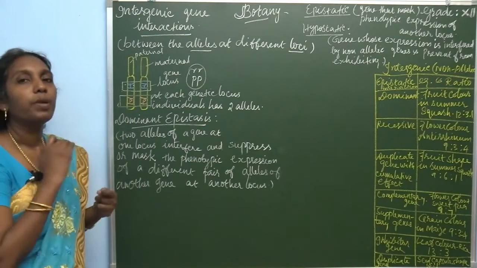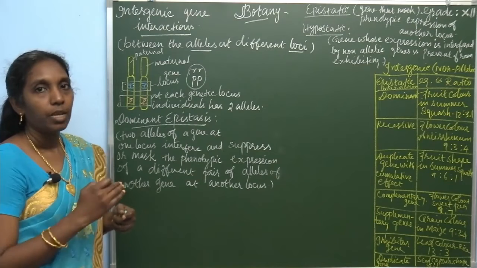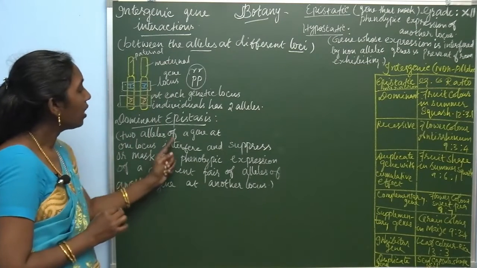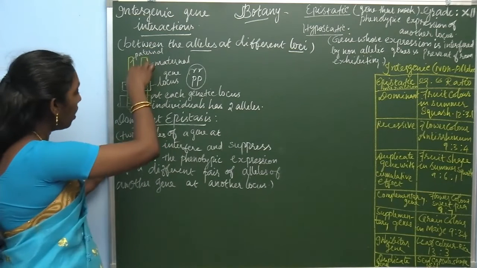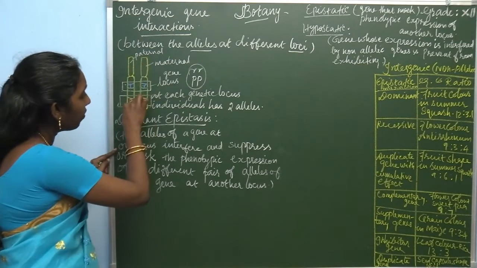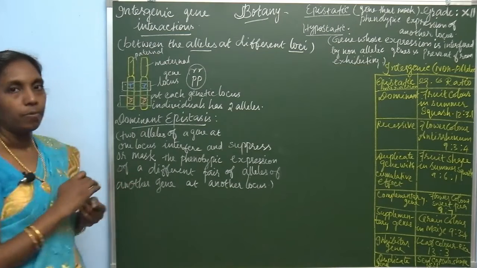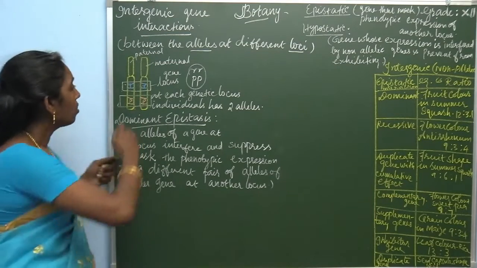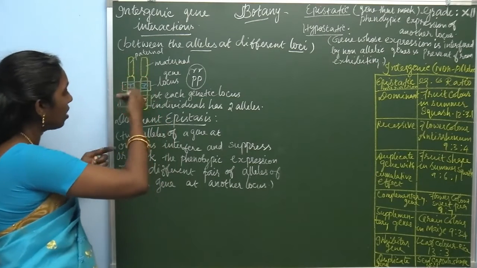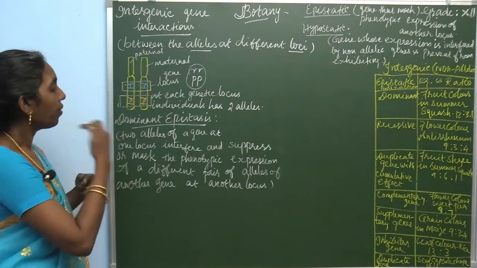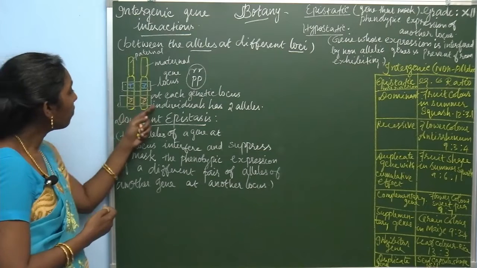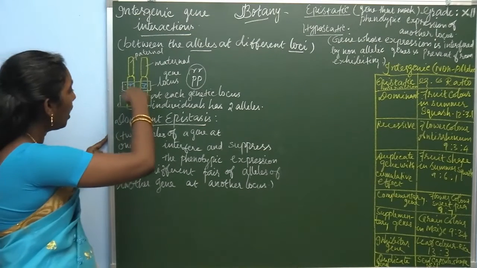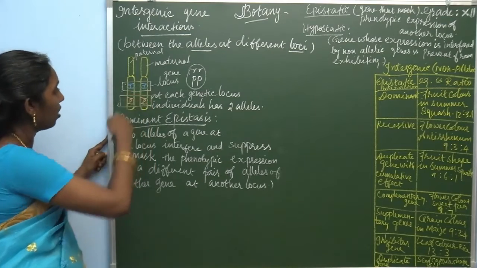Interfere means it prevents the continuity. So it prevents, it interferes. So one locus, two alleles of a gene at one locus, interfere and suppress. Suppress means it masks or hides. So this one locus has genes which suppress the phenotypic expression of the different pair of alleles of another gene at another locus.